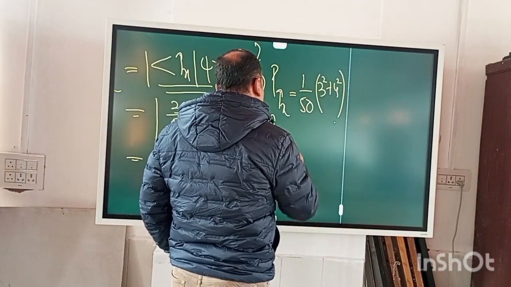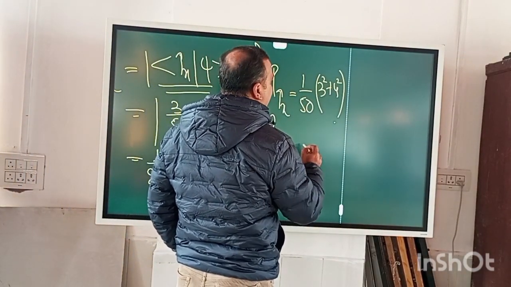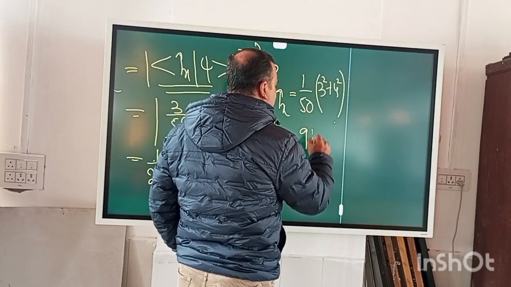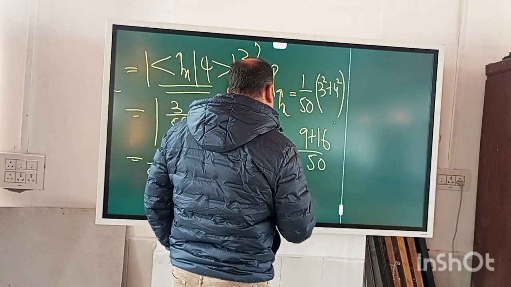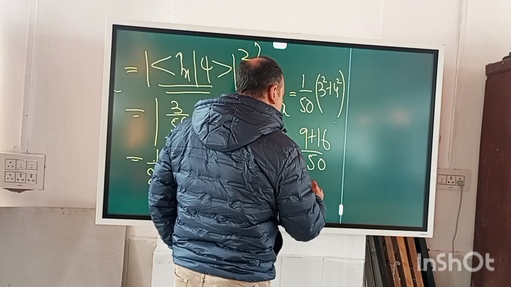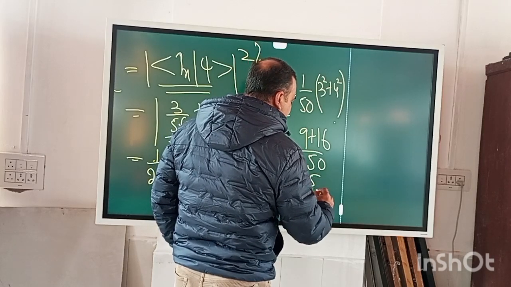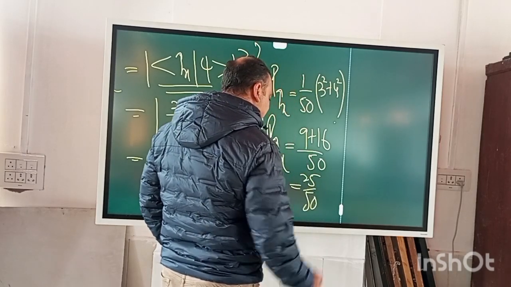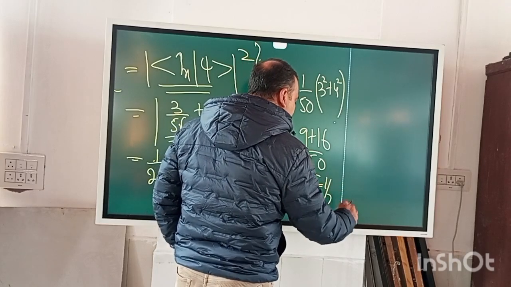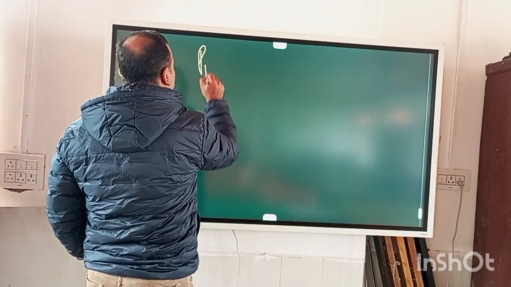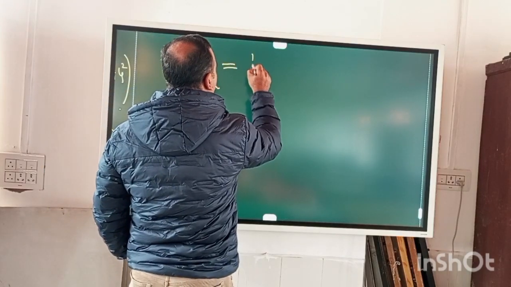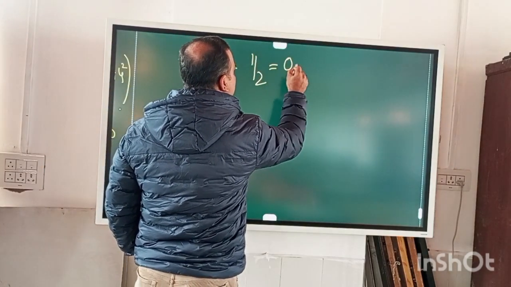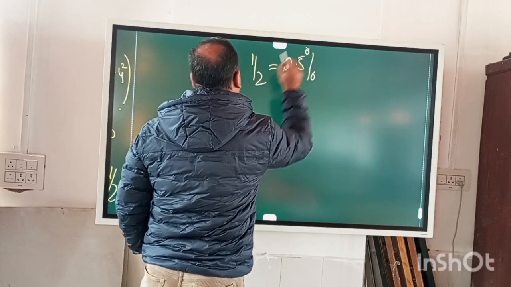So the probability of getting spin up is 9 plus 16 by 50, which is 25 by 50, and 25 by 50 is simply 1 by 2. So in this problem, the probability of getting spin up along x is 1 by 2, so that means it's 0.5.